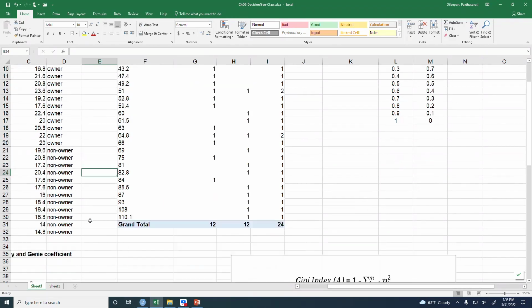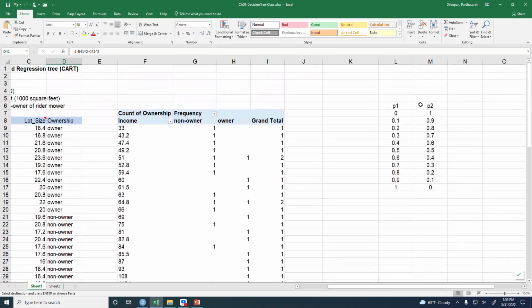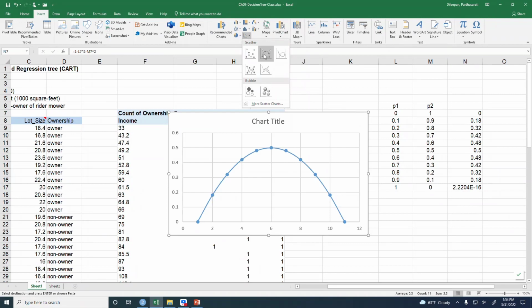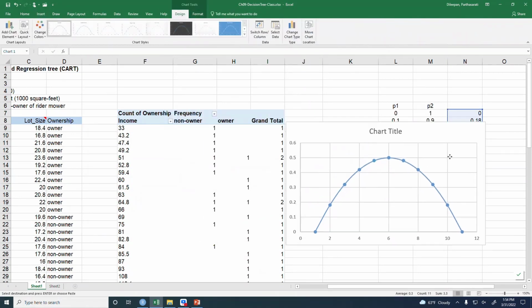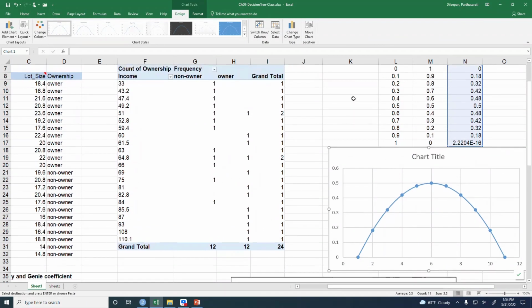All right. Now if you copy the Gini index formula here and then plot it, you see that's what the plot looks like. The Gini index will be 0 if you have a pure node.